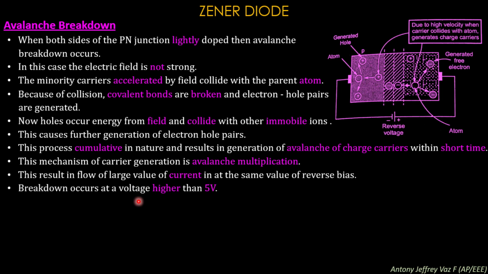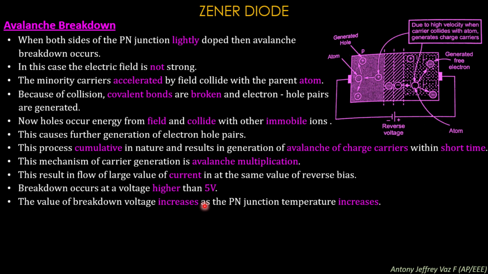The breakdown occurs at a voltage higher than 5 volt. The value of breakdown voltage increases as the PN junction temperature increases. So due to this property, such diodes have a positive temperature coefficient.